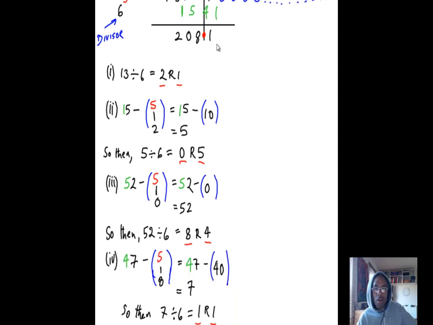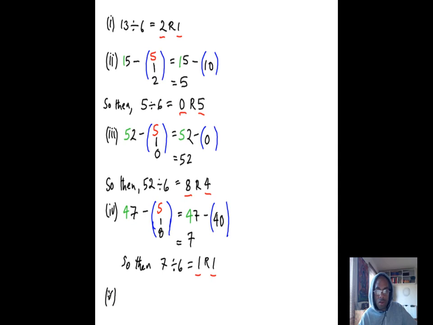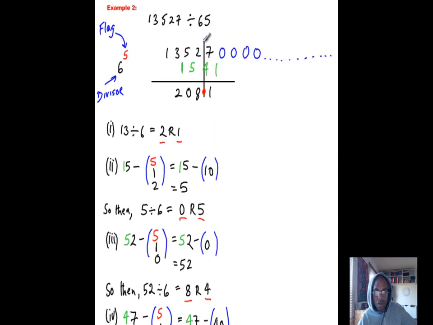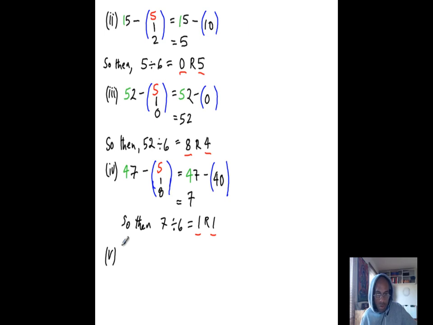So, our gross dividend now is simply 10, 1, 0. So that's a green 1 and a blue 0. Got a green 1 and a blue 0.